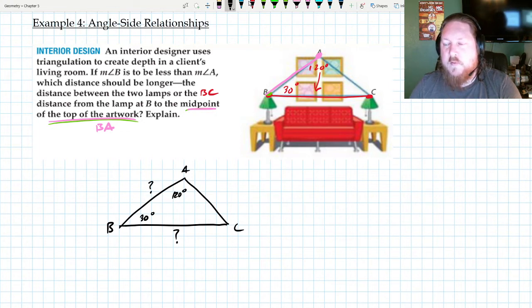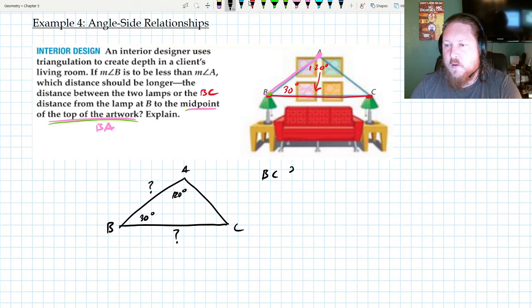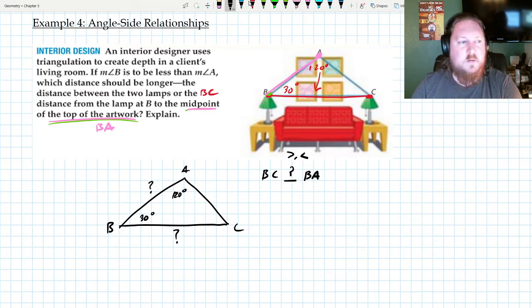And what we're trying to figure out is which is bigger, BA or BC. So one way you can write that is, what's the relationship between BA and BC? And here you're just going to put one of these two inequality symbols.